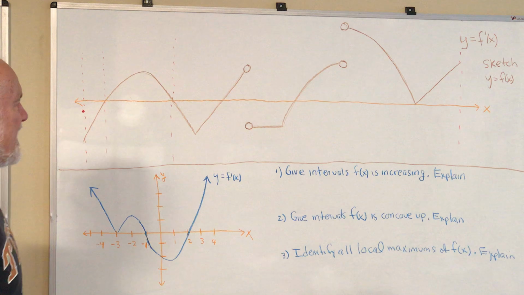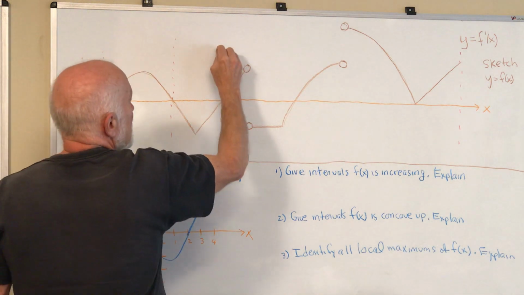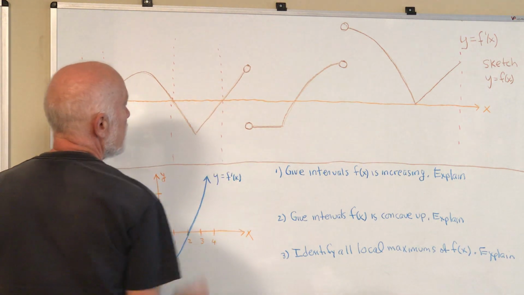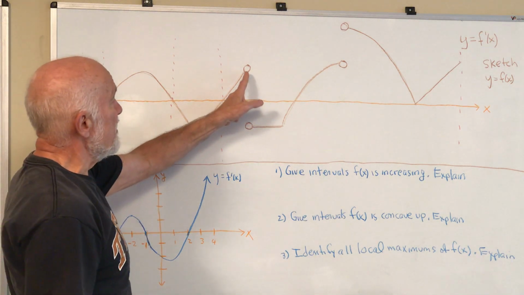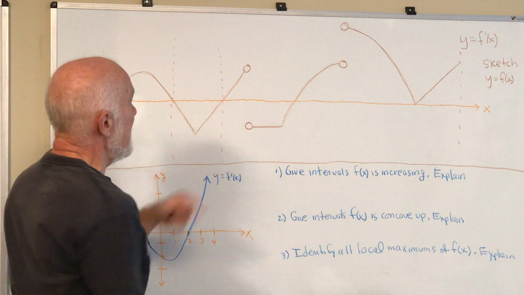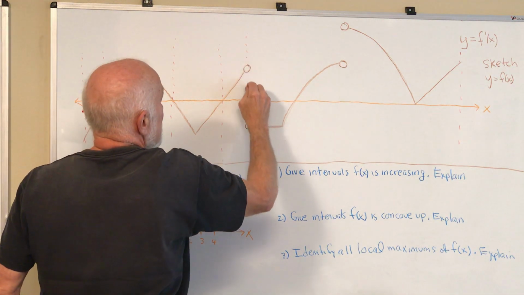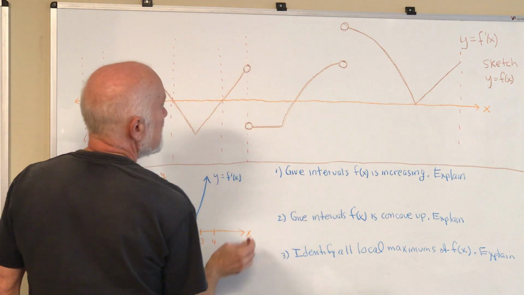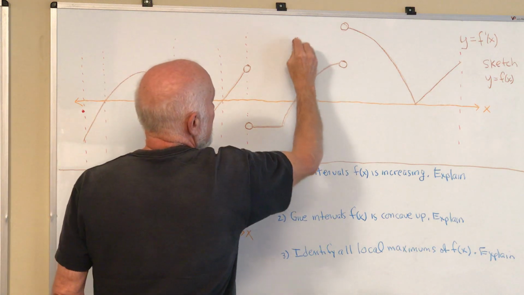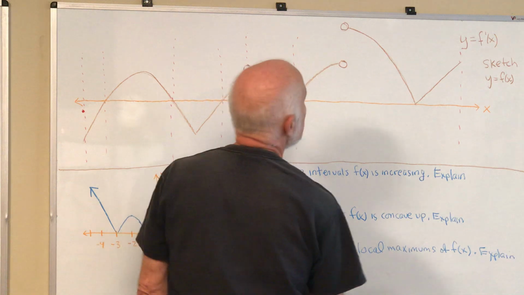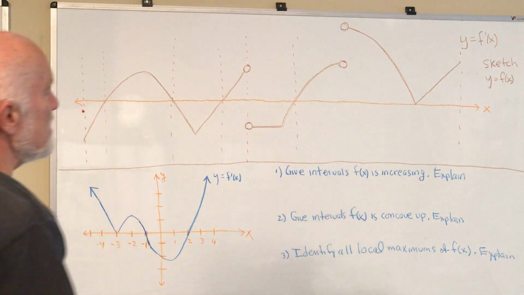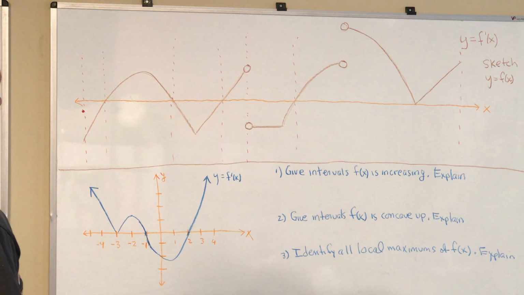Right here it goes from positive to negative. Right there it goes from positive to negative. Even right here, it goes from positive to negative, and then right here, and that's the last time it goes from positive to negative.